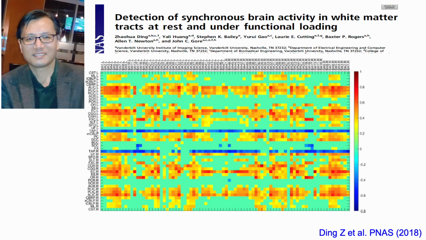This is another paper by Zhou Ding, where they show that in the white matter tracts, as the task load is changed, these connectivity patterns in the white matter also are modulated, suggesting again that white matter does play a role.